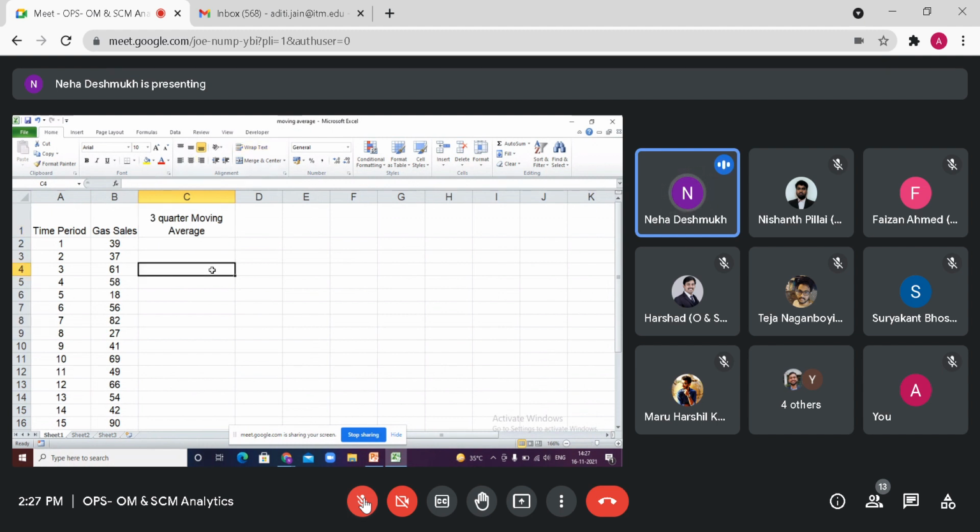Now, how to calculate three quarter moving average? We will calculate five quarter also.